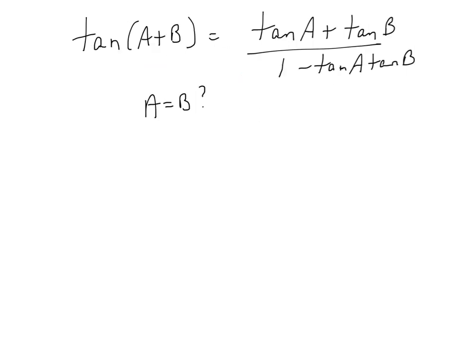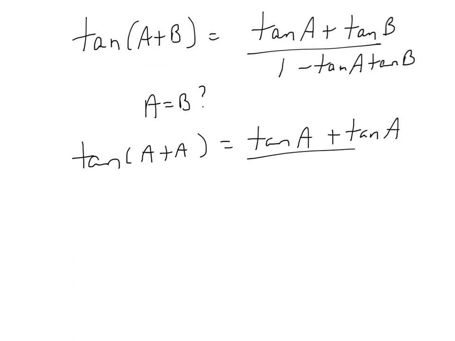Just the way we did sine and cosine, we're going to take the tangent of a plus b. I put the identity back down: tan a plus tan b, over 1 minus tan a times tan b. And then we're saying, well, what if a equals b? Then it would be the tan of a plus a, which would give us tan a plus tan a over 1 minus tan a times tan a.